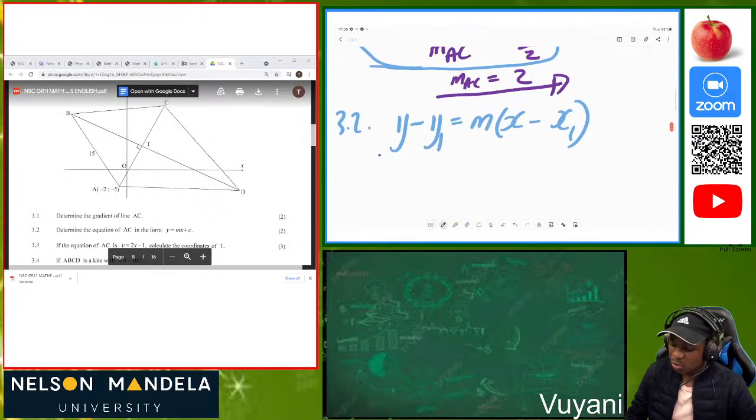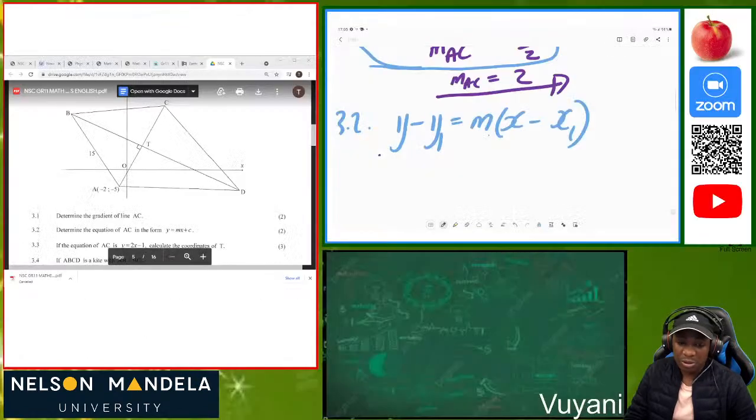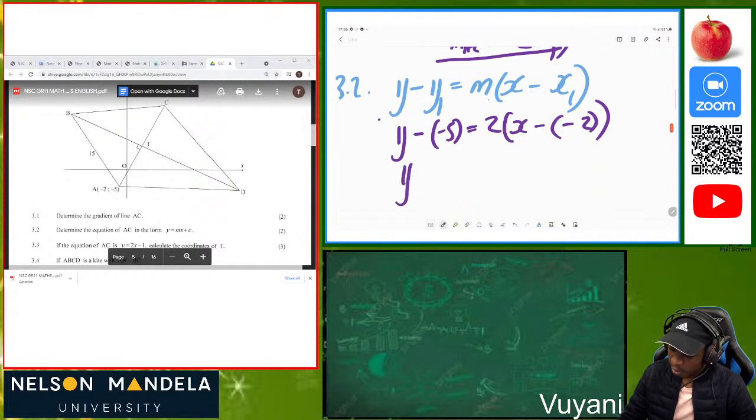So when you're using this one, we know that our gradient is positive 2, and the point A we are given is negative 2, negative 5. So we can substitute. Y minus, what is our y1? Our y1 is negative 5, equal to positive 2, x minus, what is our x1? Negative 2. So y plus 5 is equal to 2x.